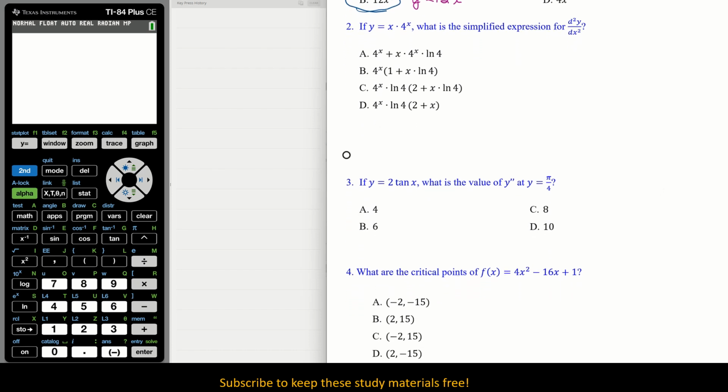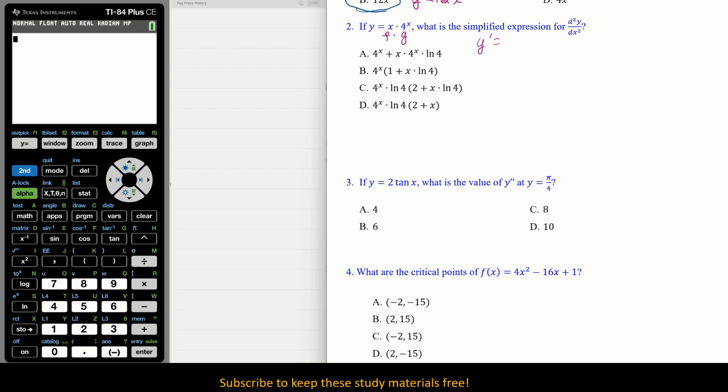There are some things that we need to know. We will calculate y prime first, then y double prime. We know that these two are multiplied together, so x is our f, and 4 to the x power is our g.